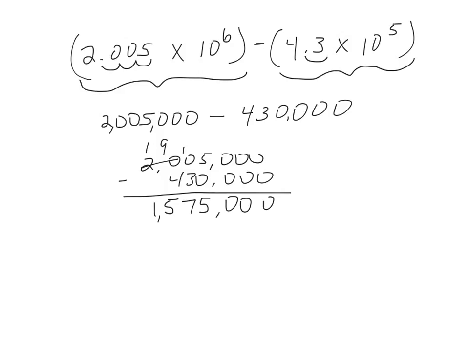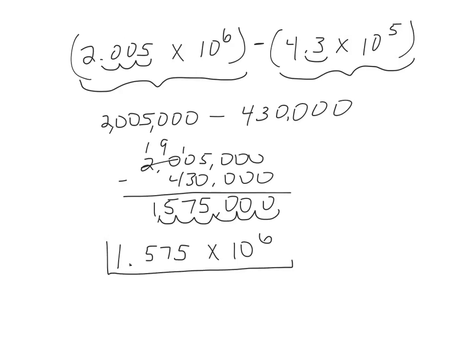So, put the decimal after the first non-zero digit, write out all the digits that are remaining till I only have zeros left, and then times 10 to the 1, 2, 3, 4, 5, 6, times 10 to the 6th. Okay, so there's a subtraction example.